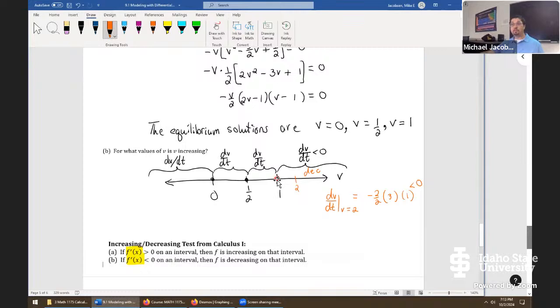Notice that was an equilibrium solution right at 1. And over here, my claim is this one should be positive, which means it's increasing. This starts to give us a feel for what in the world did we actually mean when we said equilibrium solution.